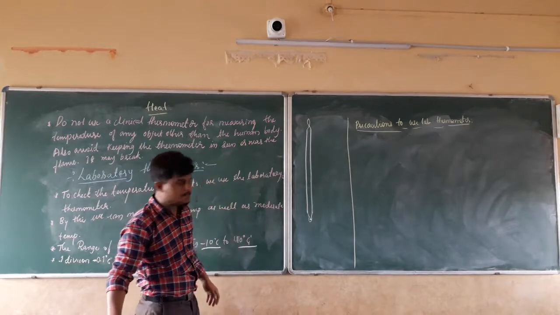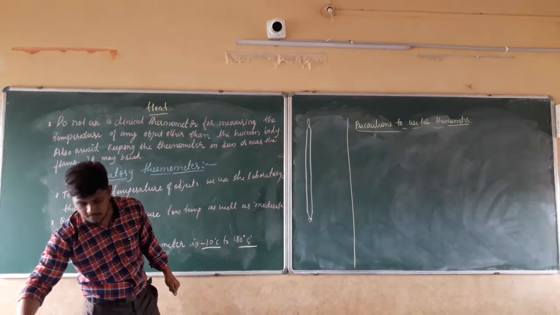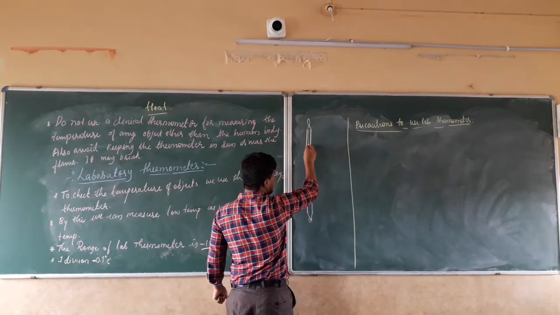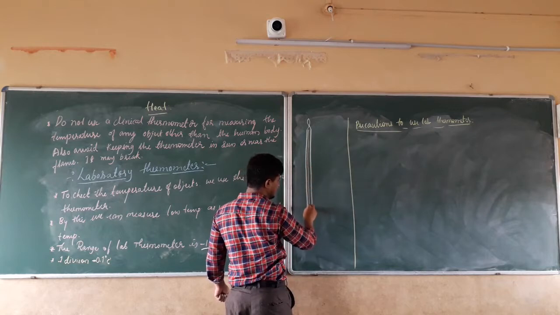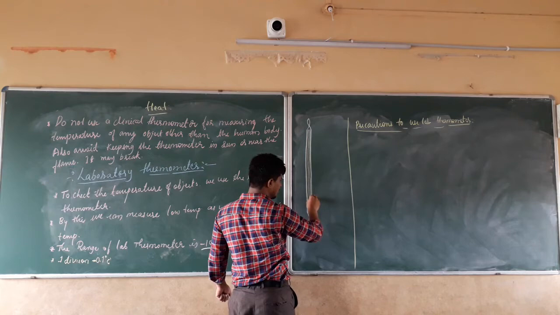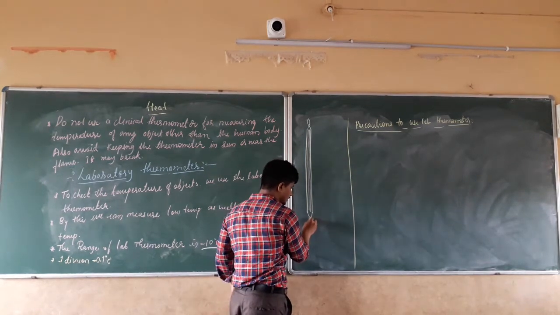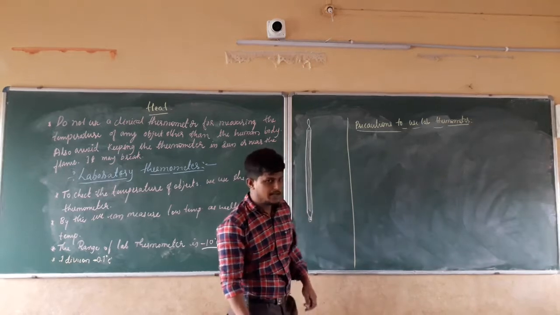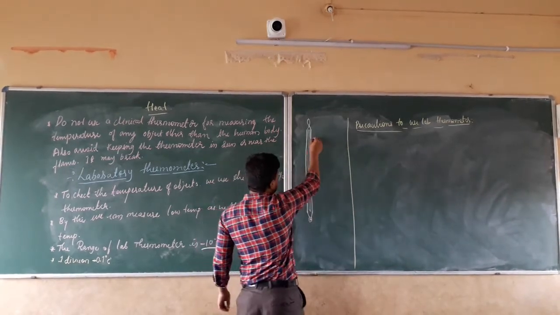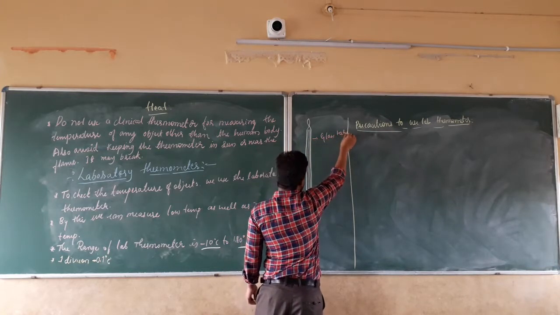Which contains mercury. There will be a scale to measure, and a thread-like pipe will be present inside it. Here will be mercury. Here also we are going to use mercury. This is made up of a glass tube, same as the clinical thermometer.